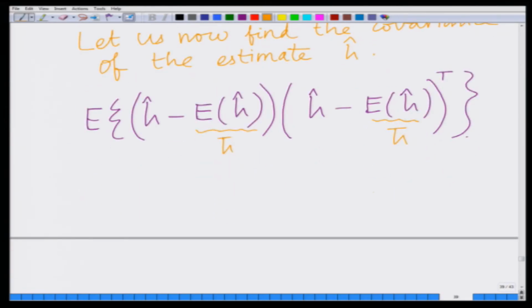So, that is nothing but your expected value of H hat minus H bar times H hat minus H bar transpose.